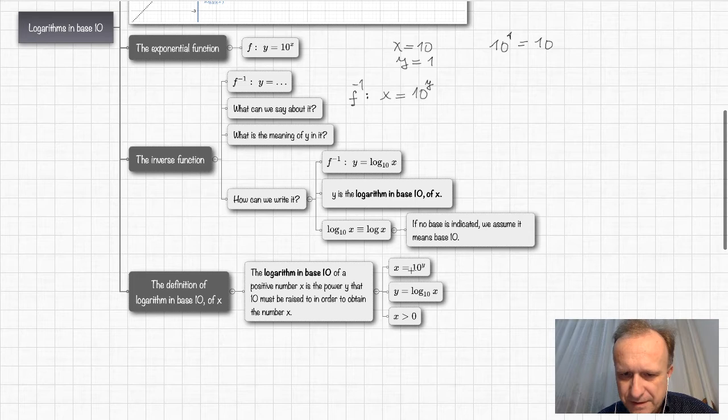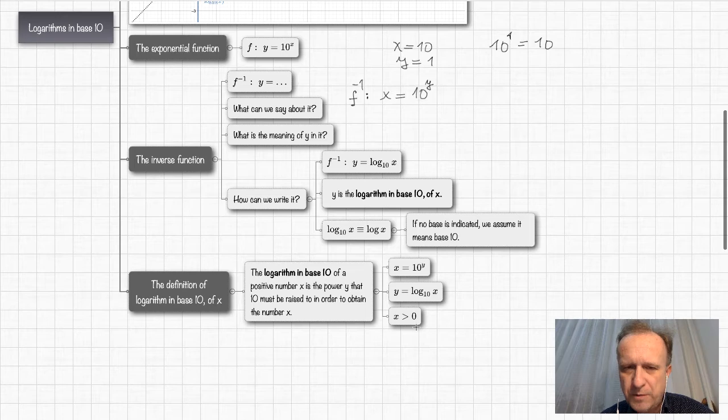So the logarithm of this number x is such a value y that when you raise 10 to this power, you get x. So this and this both represent the idea, because in this second formula we have expressed, or isolated, the value of y, and for that we needed the new notation. So y equals logarithm in base 10 of x.